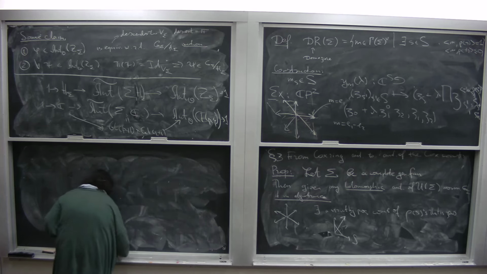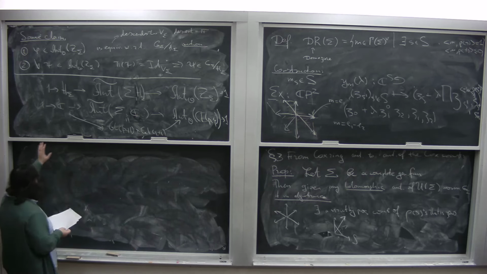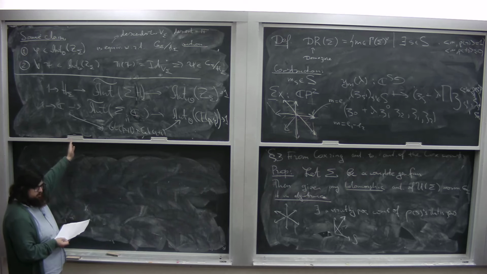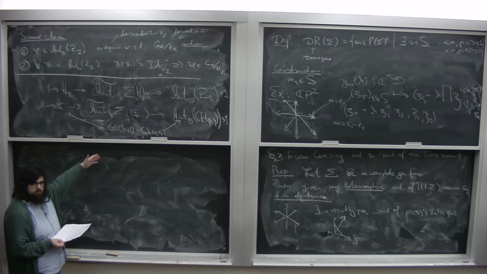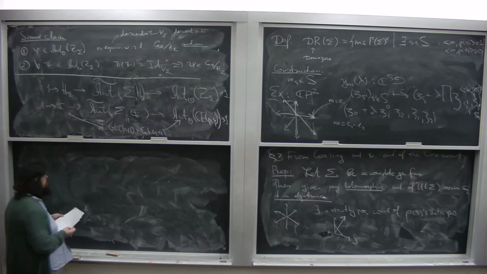In the paper I'm basing the talk on, it is proved that if the fan is rational, this is true because the base is an actual toric variety. So we have a lifting statement for toric varieties, which is needed for this.